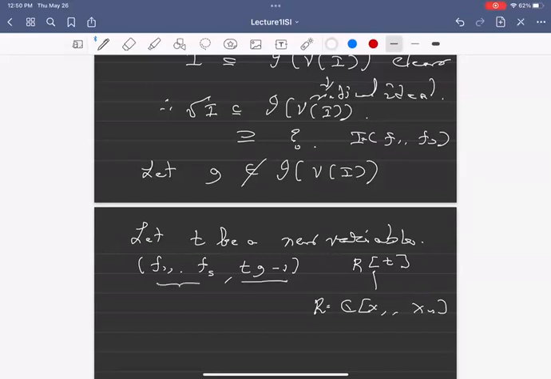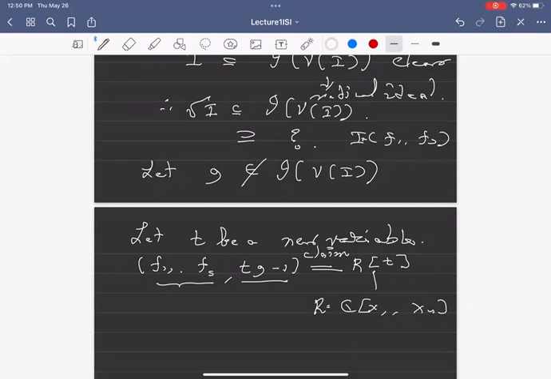The Fi's don't contain any T, G doesn't contain any T, but I have this Tg minus 1, which is a polynomial in the ring with T. I can consider the ideal generated by these s plus 1 polynomials. I want to show that this is not a proper ideal. This is my claim: that this is the whole ring.